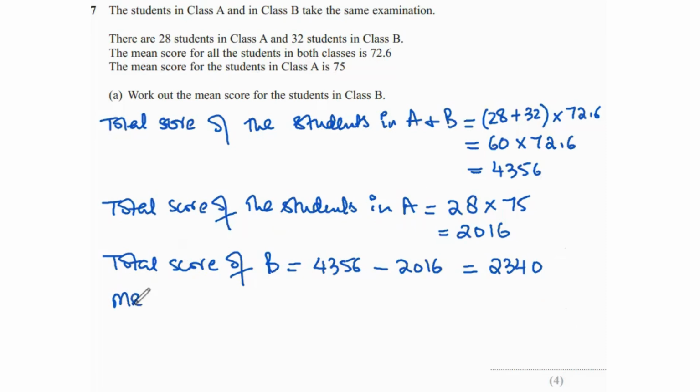So mean is going to be 2,256 divided by the number of students in B, which is 32. And that equals 70.5. That is the mean score for the students in class B.